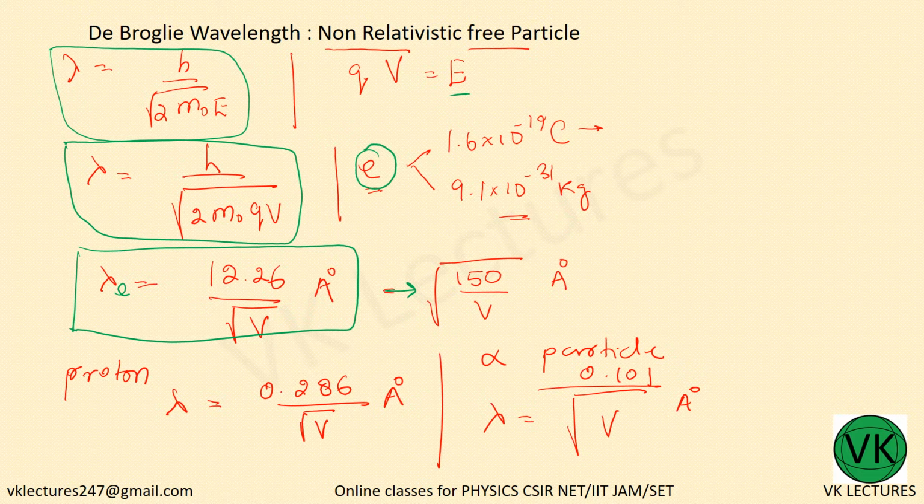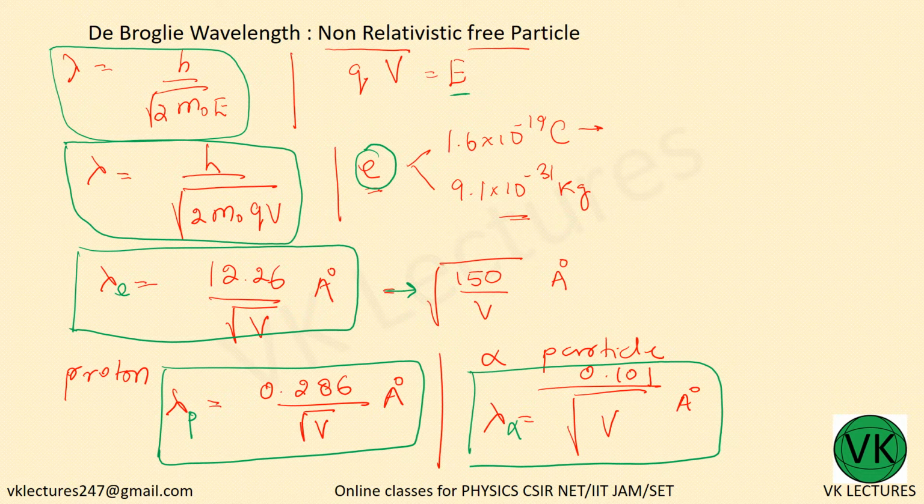Now if the charged particle is a proton, then your wavelength is this one, lambda p. And if the charged particle is an alpha particle, your equation is 0.101 divided by root V Angstrom.